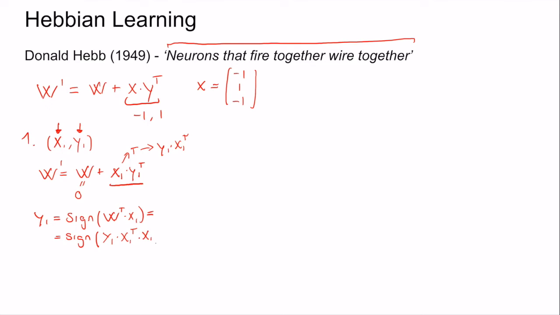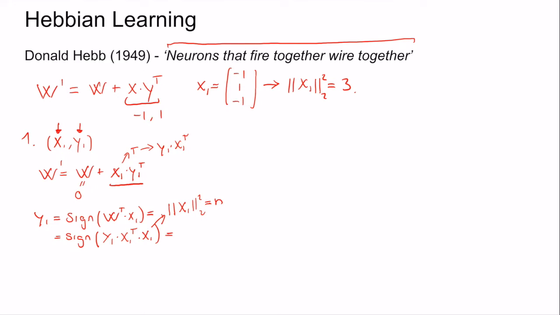And now we see that x1 transpose x1 is actually the 2 norm of x1. Because these are bipolar vectors, the second norm is equal to 3, which is the number of elements in my vector. So more generally, if we have n elements, then the 2 norm of a bipolar vector is n, the number of elements.